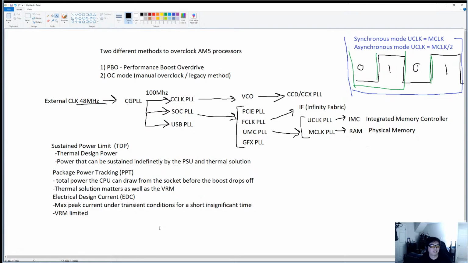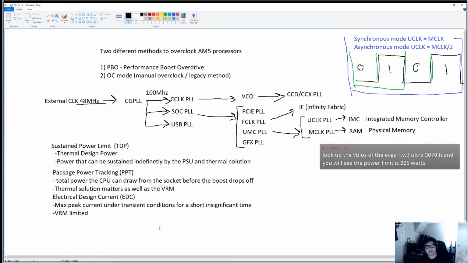Personally, from my own experience playing around with this CPU on air, you can't really do much with overclocking, unless you're upping the temperature limit to like 115 C, and I don't want to do that for 24/7.